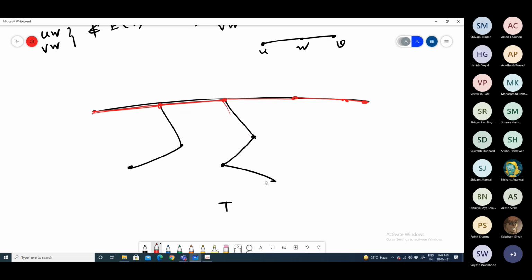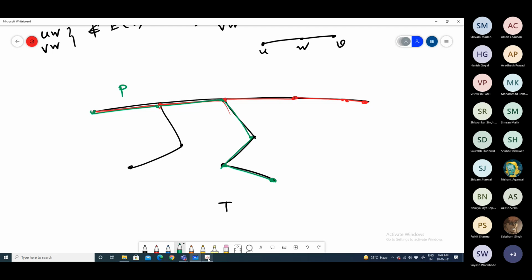You can have another one, so choose this one, this is the longest one. 1, 2, 3, 4, 5. So this is your P. Choose a longest path. The longest path may not be unique; you may have more than one longest path. So let's say this is your P.